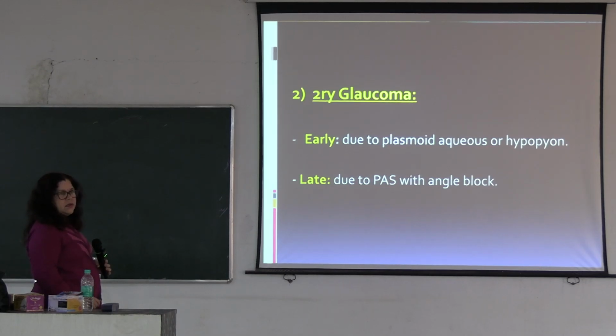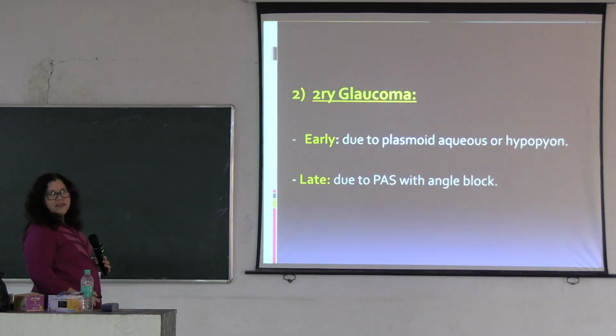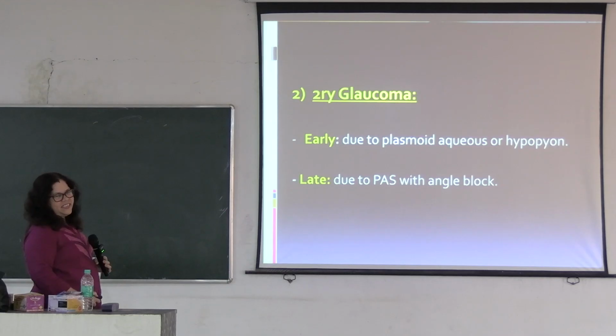In this case, intraocular pressure is raised, and the early cause is the plasmoid aqueous and hypopyon that obstruct the drainage of aqueous fluid, and the second cause is PAS, meaning peripheral anterior synechiae.